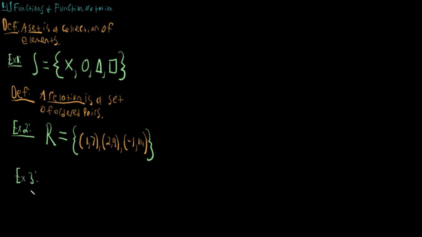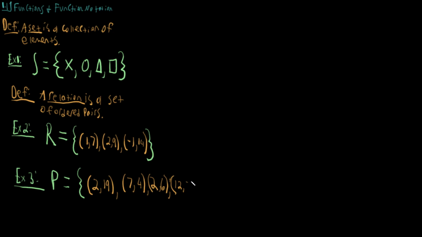So let's do example 3 here. We've already used S and R in this set of notes, so let's use capital P. Capital P is equal to, and then let's make this full of some ordered pairs. Let's say (2, 19), (7, 4), (2, 6), and let's open this up and do (12, -41).